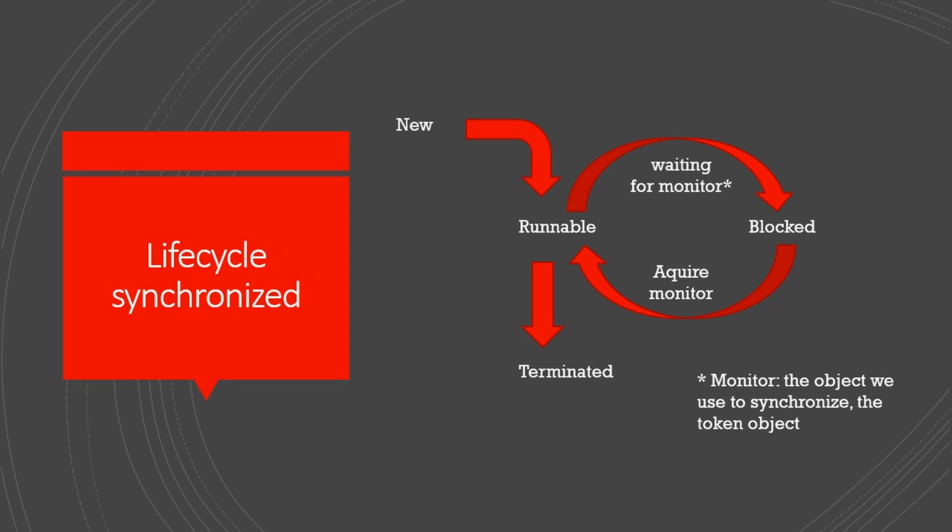Okay, now, so our thread is in a blocked state. The monitoring object returns to the scheduler. Your scheduler then looks at all the threads that are waiting for that monitoring object, picks one, hopefully ours, then assigns the monitoring object to that thread, and our thread returns to the runnable state.